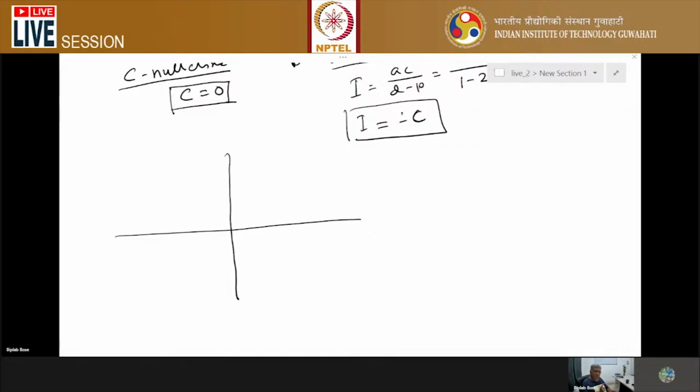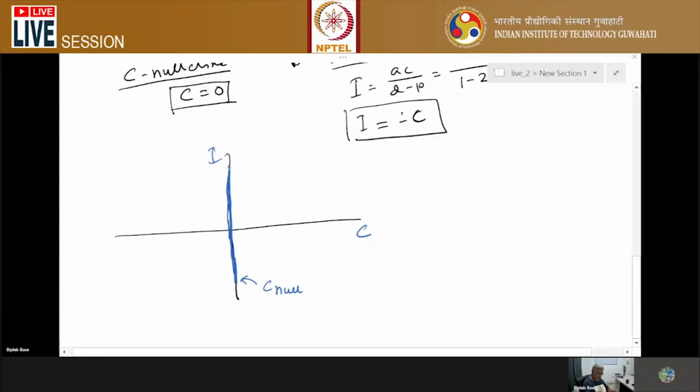So the C null-line is C equal to 0. That means it's a vertical line. Horizontal is C, vertical is I. So C null-line, C equal to 0, would be this vertical line. So this is my C null.